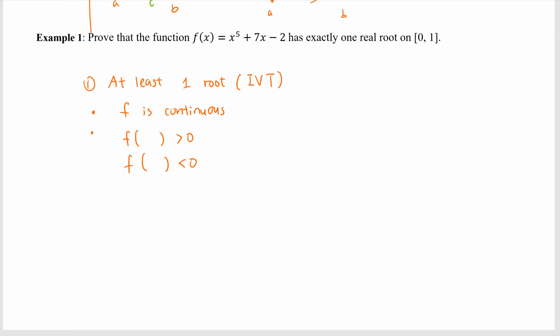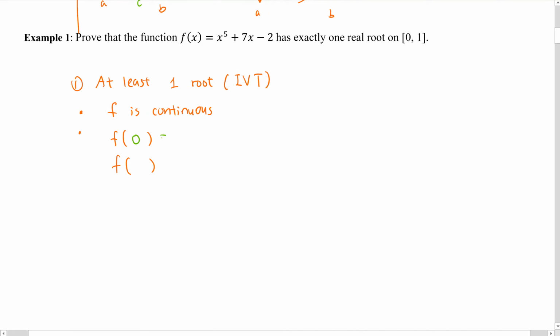So let's check 0. If we plug in 0, we get f of 0 is -2, and it's negative.